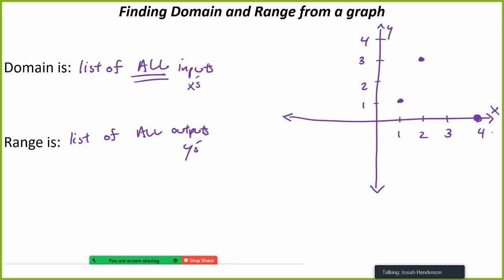So 3 points are on our graph. If I wanted to find the domain and list it off, and the range and list that off, then I'm going to look at every point that's graphed and then list off all the x portions of it and then the y portions of it, the left, right location and the up, down location. This first point here is at 1 on the x ruler and it's 1 high on the y ruler.